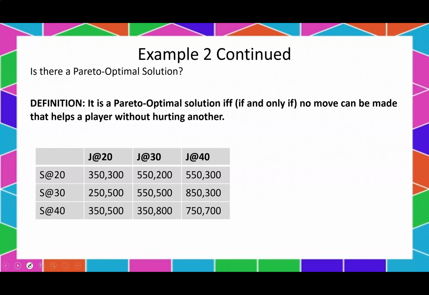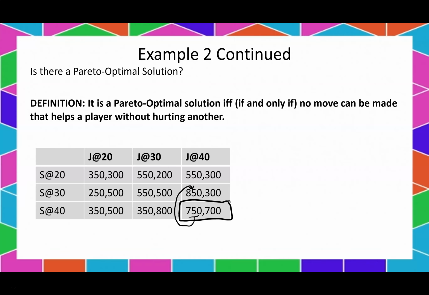All right, next question. Is there a Pareto optimal solution? Well, we should always look here first. And let's see where Miss Sorensen would convince Miss Johnson to go. The only way for Miss Sorensen to do better here, 750, is for her to jump to 850 right here.